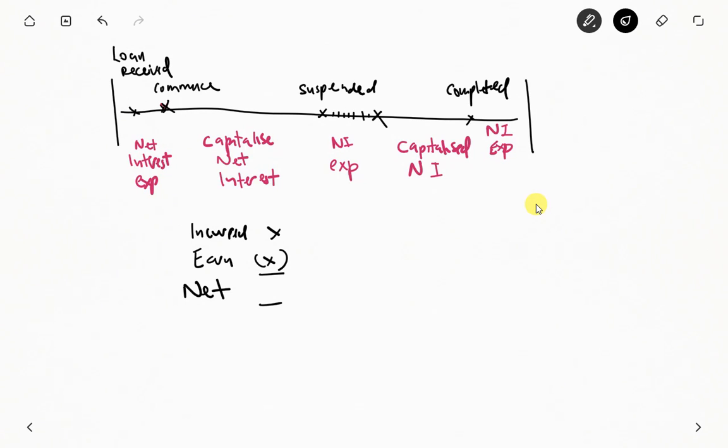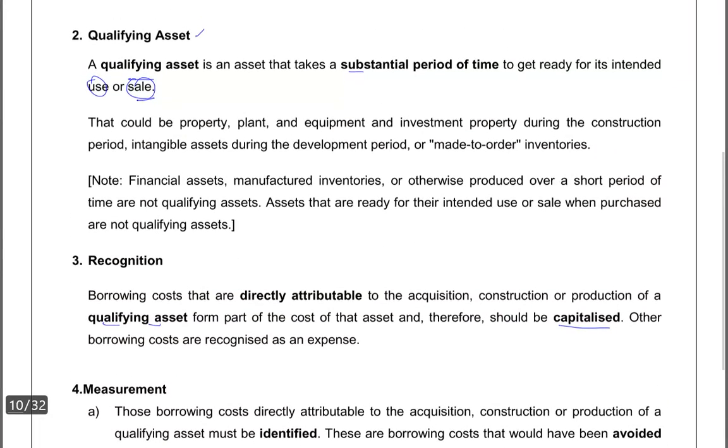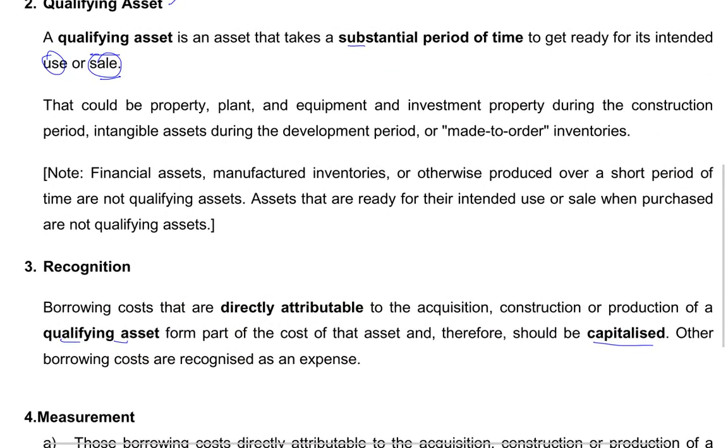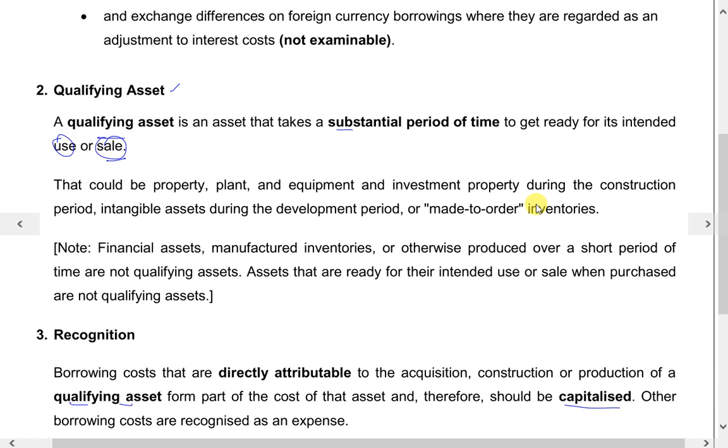Okay. I think it is stated here. Okay, here. So we have a question on the inventory qualifying asset. The qualifying asset can be PPE, meaning I construct my own PPE for own use, or the PPE for sale, but normally it's for own use.